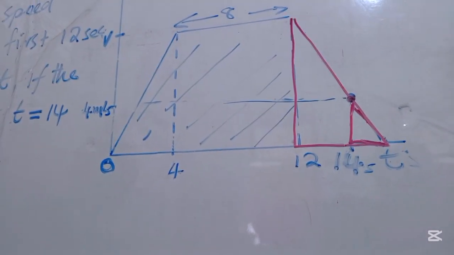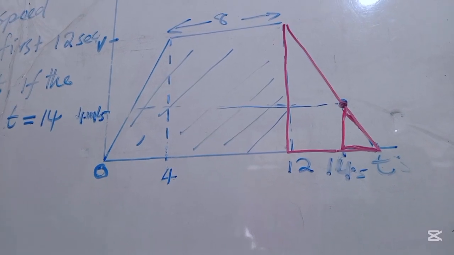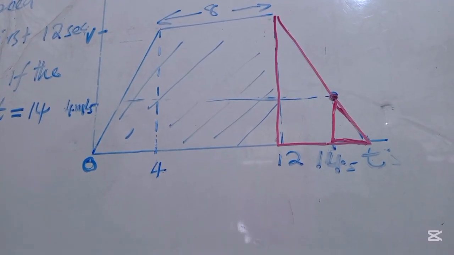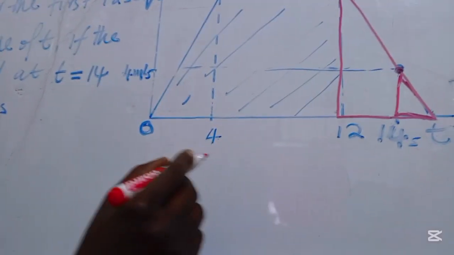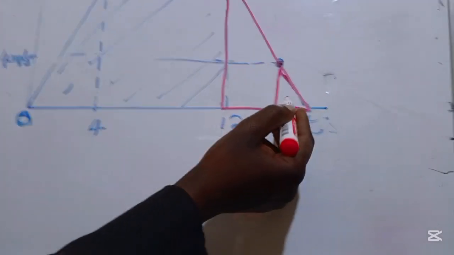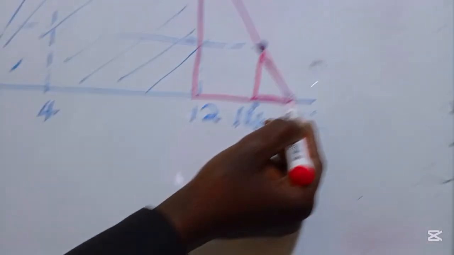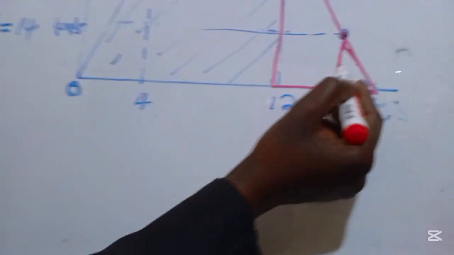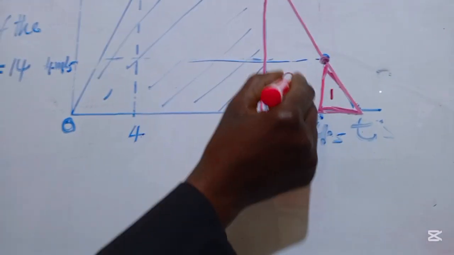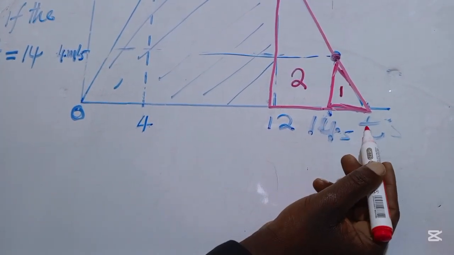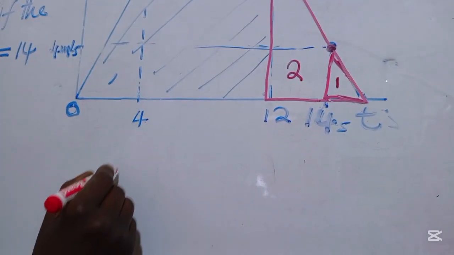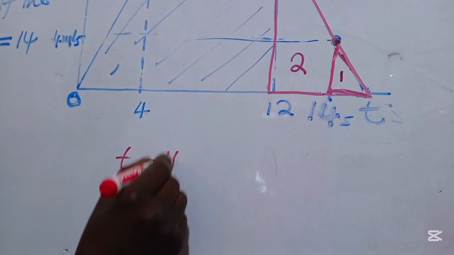Sorry for making use of a different color. What we are trying to say, ladies and gentlemen, is that this is similarity. There are two triangles which are similar, the first triangle, and the second triangle. For the smaller triangle, the distance between t and 14, I have to subtract t minus 14.